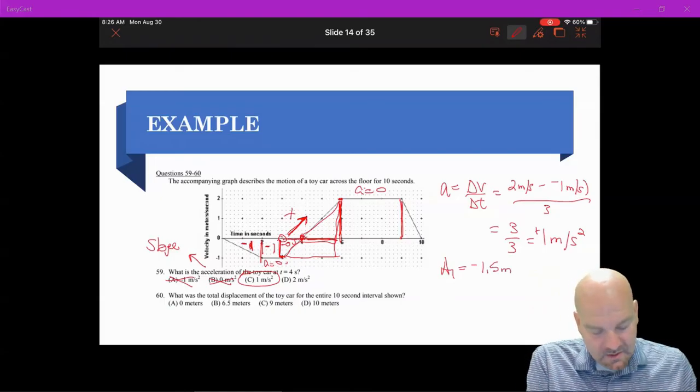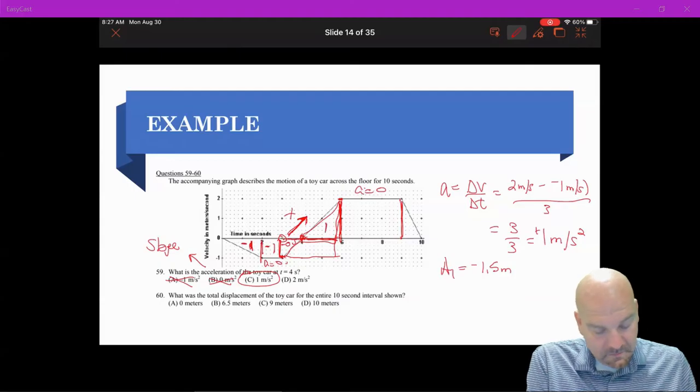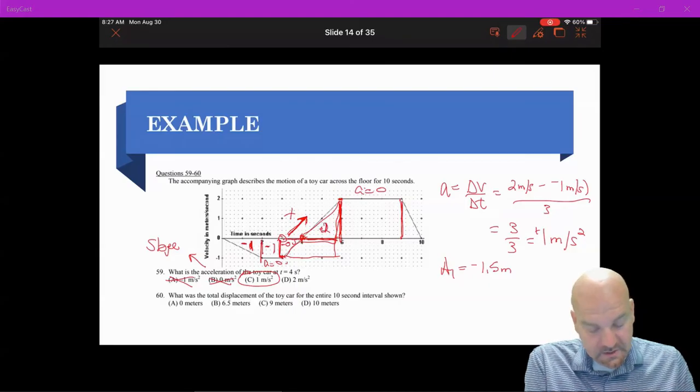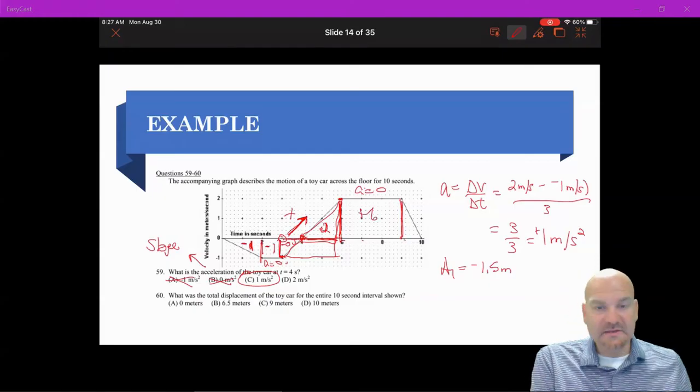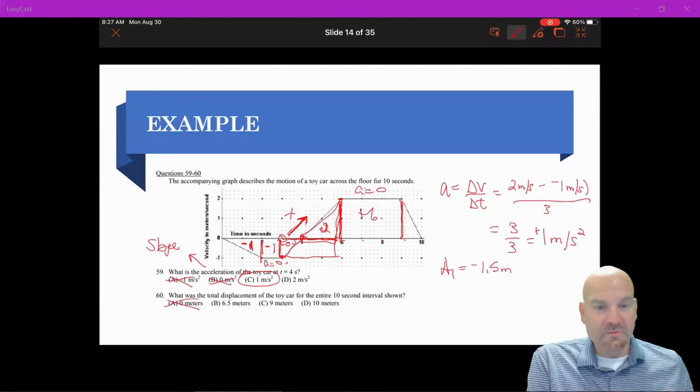Now for the second part, I have 1/2 times 2 is 1, times 2. Oh, I apologize, it's going to be 2, because 1/2 times 2 times 2. And I have 2 times 1, 2, 3, so 2 times 3 is positive 6. So what you can see here is we're already bigger than 0 meters.